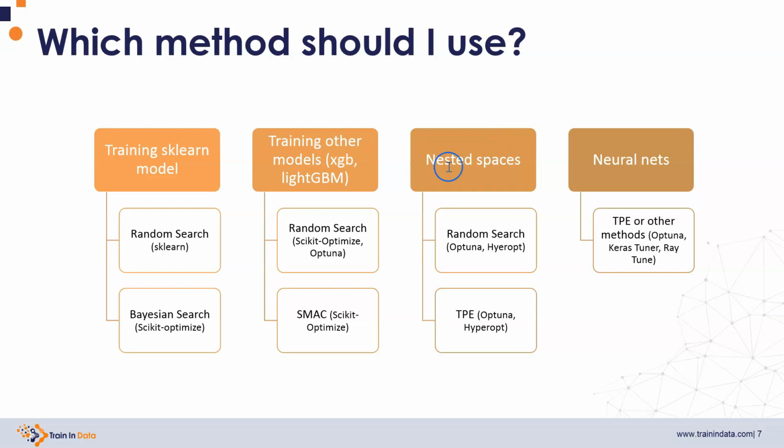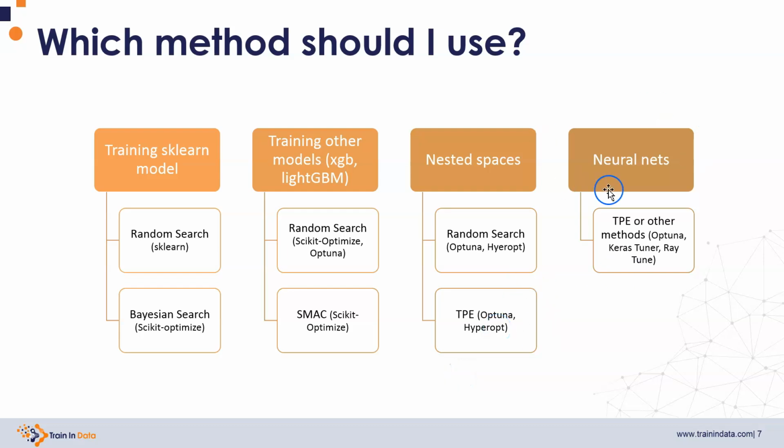If we have nested spaces, so if we want to search hyperparameters for different models, or if we're training neural networks where spaces come baked into some other spaces, depending on the complexity, we can try random search implemented in Optuna or HyperOpt, because these are the packages that support nested spaces, or alternatively TPE, also in these two packages.